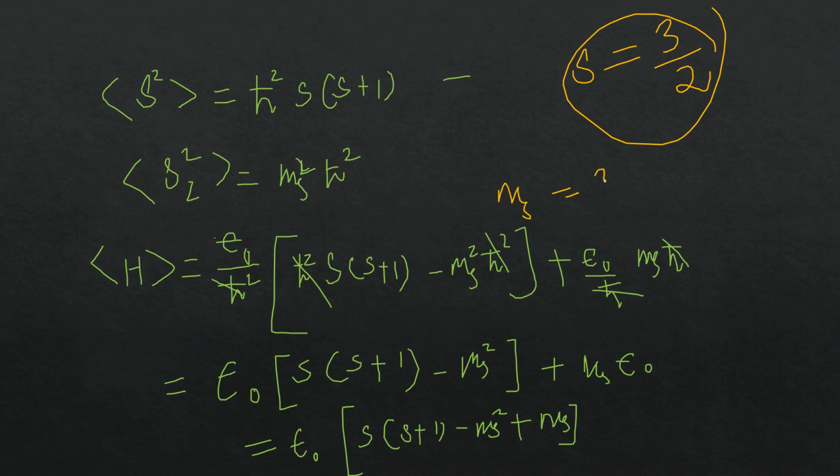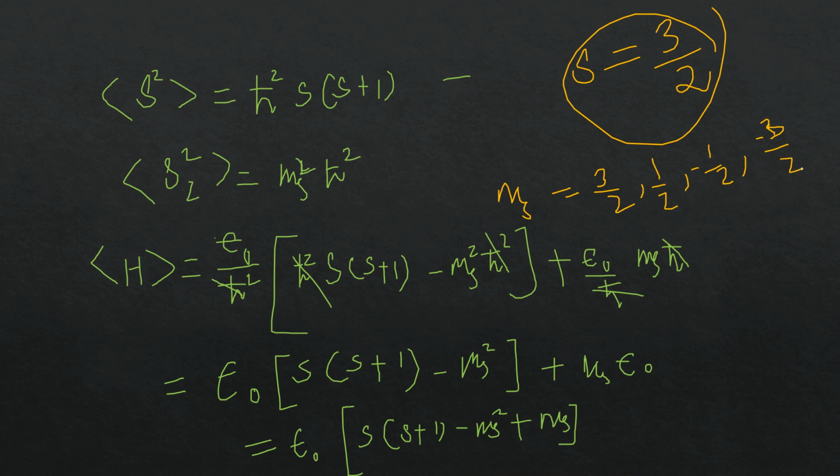The ms values are 3/2, 1/2, minus 1/2, and minus 3/2. These are the ms values for s equal to 3/2.